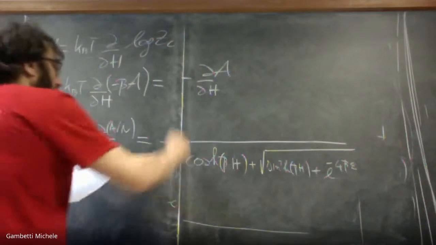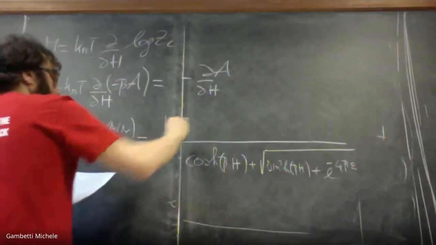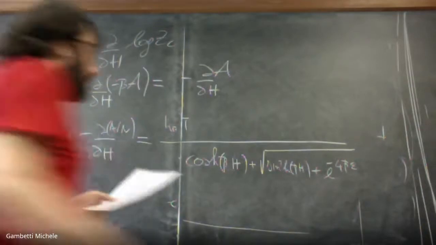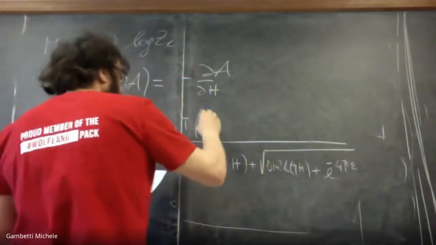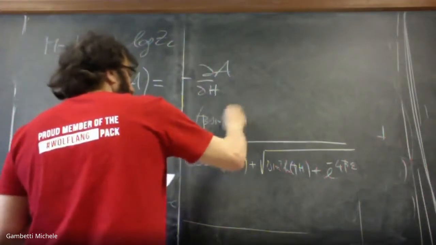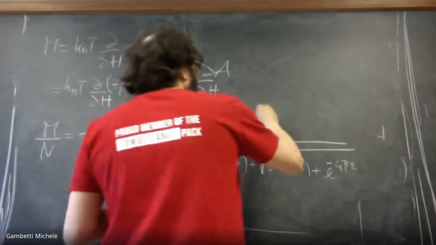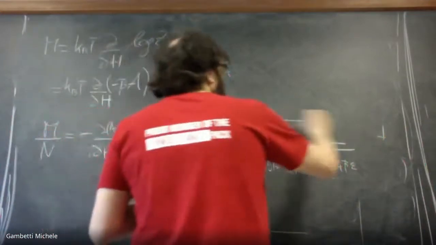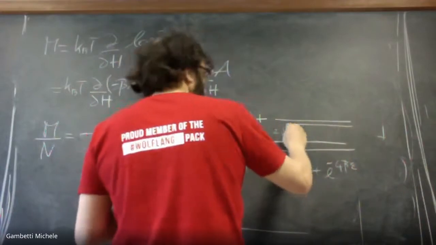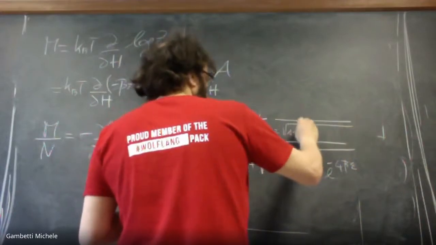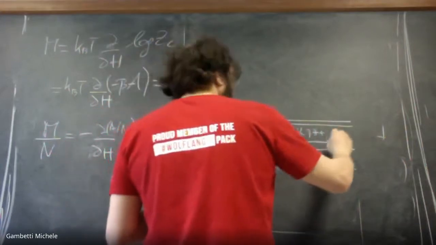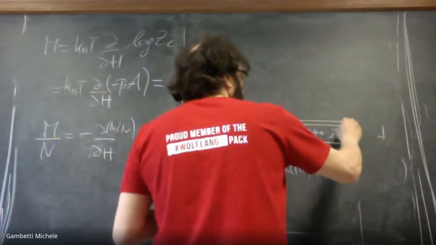And here you have a kBT, then I have a beta sinh beta H plus, here I have the square root of the denominator, which is sinh squared beta H plus e to the minus 4 beta epsilon.